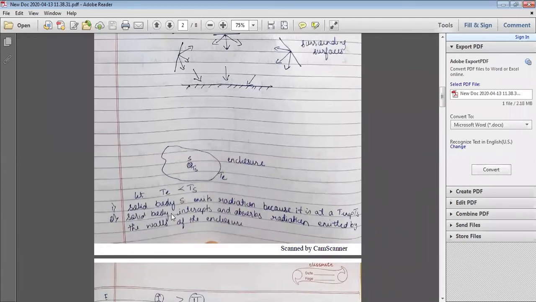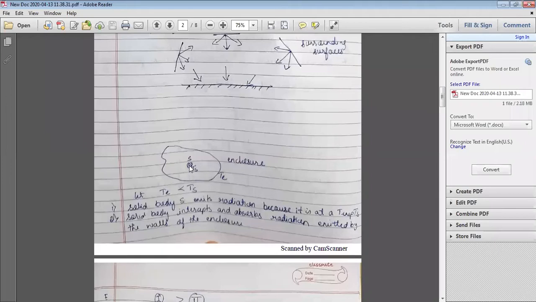And also the solid body intercepts and absorbs radiation. It emits and absorbs radiation emitted by the walls of the enclosure.